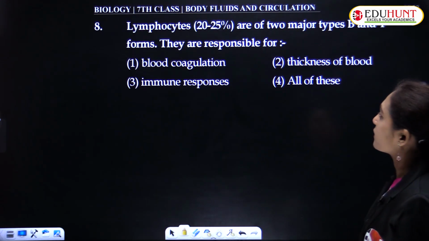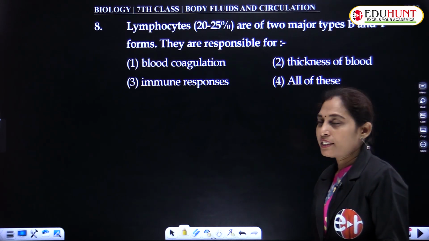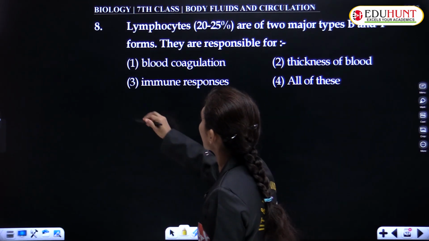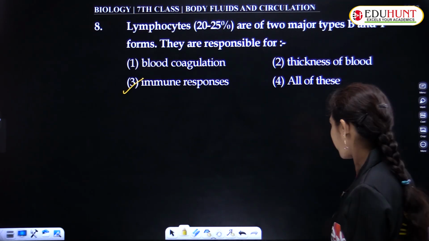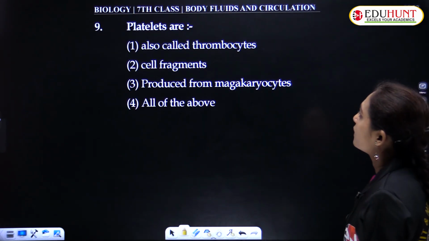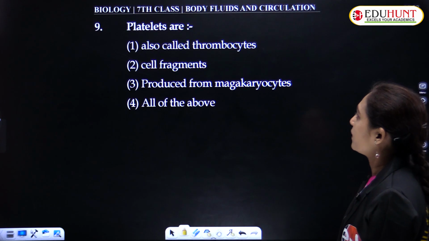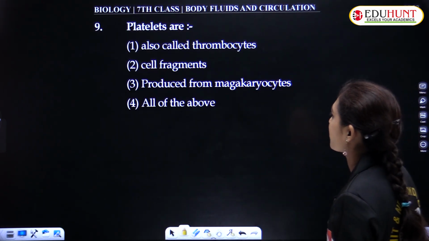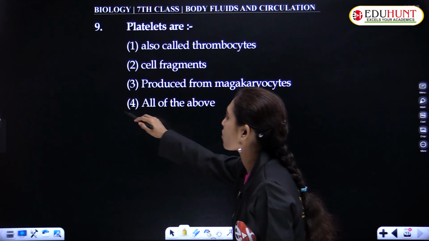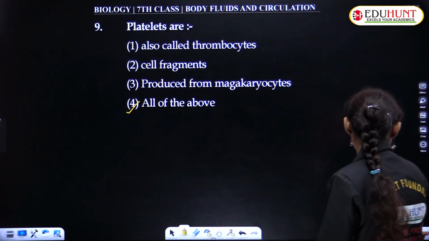Lymphocytes, two major types, B and T lymphocytes, are responsible for immune responses. Platelets are called thrombocytes, cell fragments produced from the megakaryocytes. So all of this is the correct option.